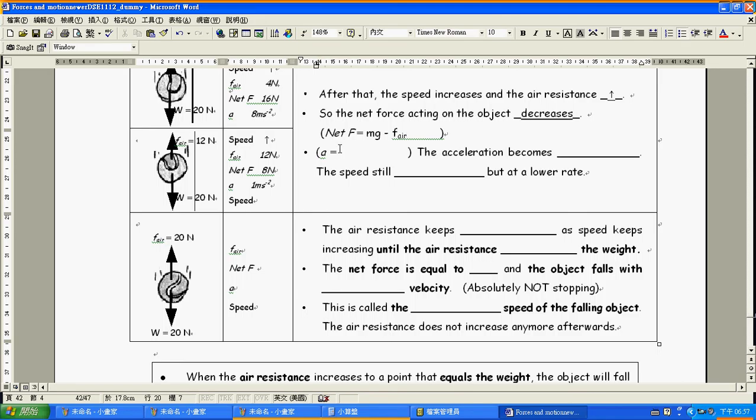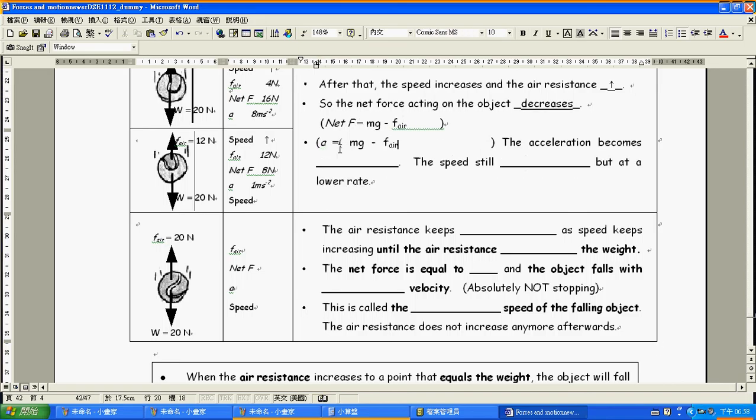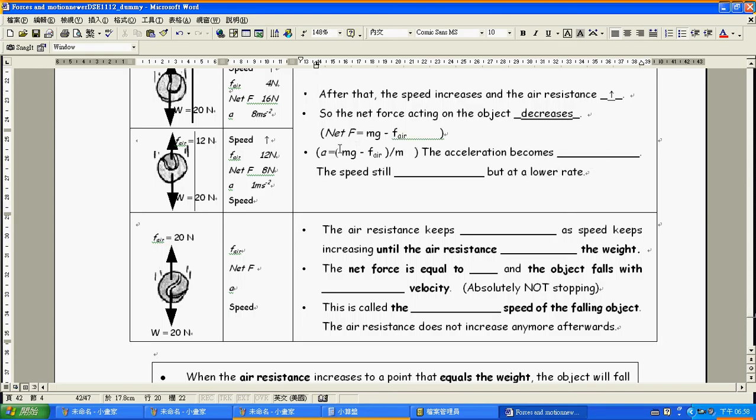So the a equals the net force mg minus F air divided by m. So the acceleration becomes smaller.